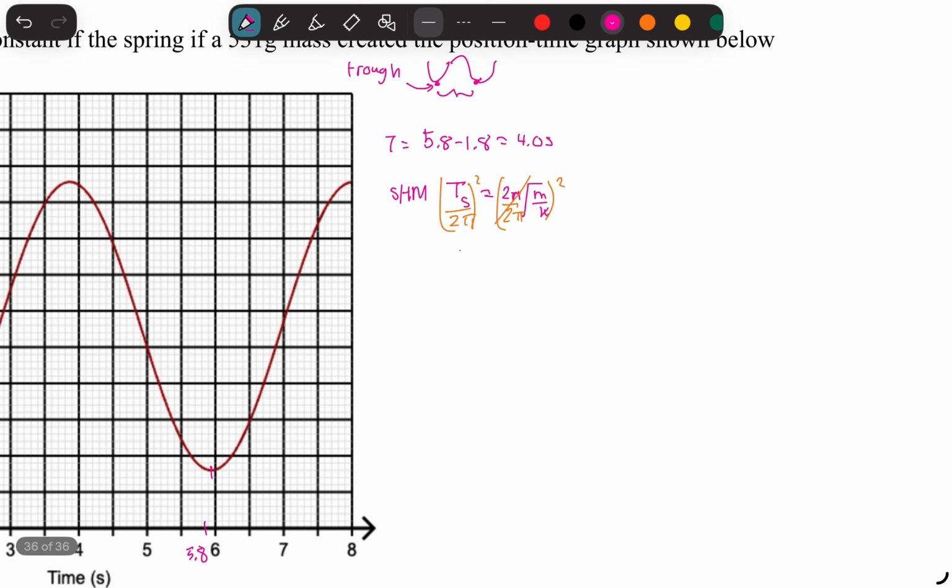This is going to give you the expression, and after this, what you have is 1 over k, so you can just flip the whole fraction and then you will get k.